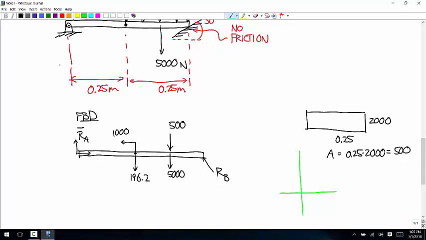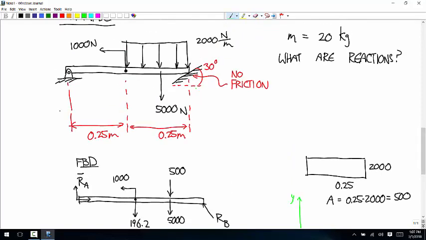The way I like to do that is, here's our positive x-axis. We know that it's 30 degrees from the positive x-axis to the incline. That's the angle that's actually drawn.